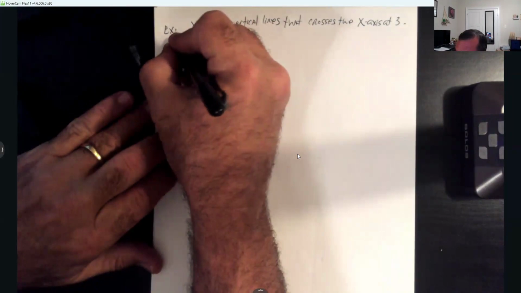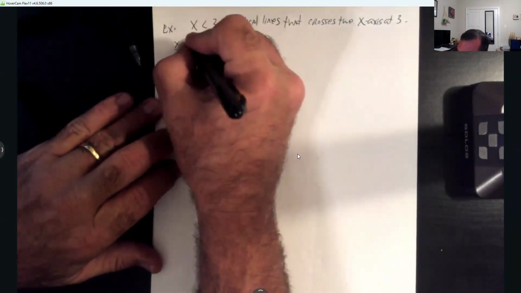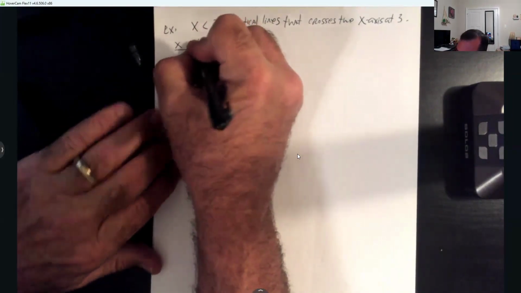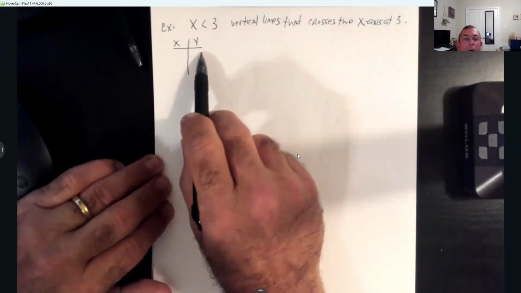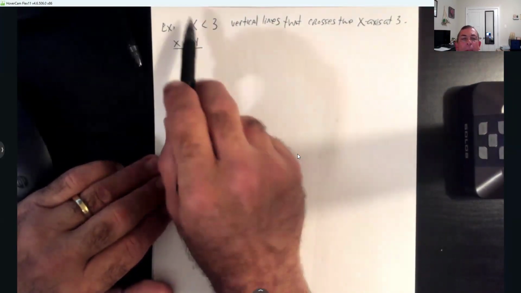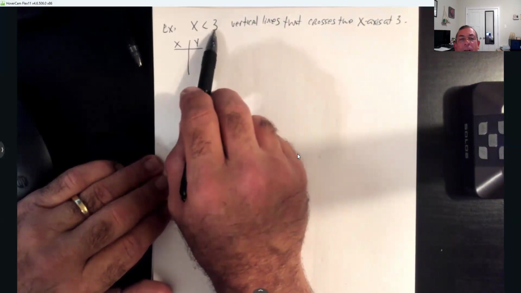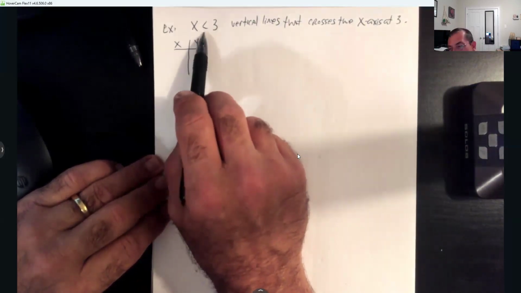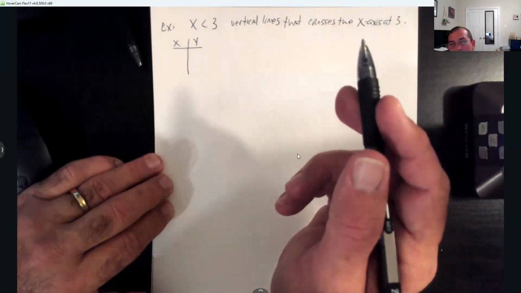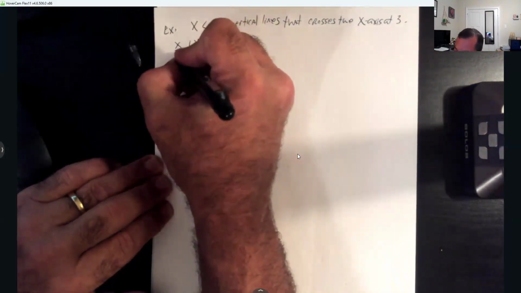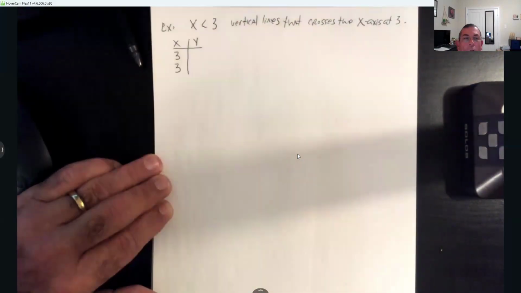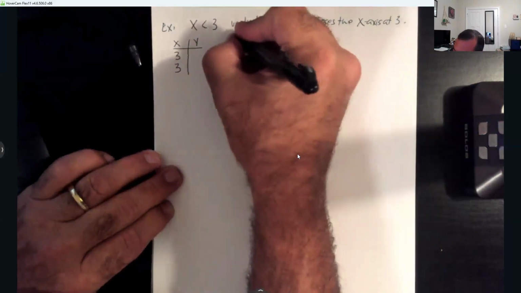Okay, so if you want to draw you a table of points, y'all, it don't matter what y values you pick, but since this is x less than 3 or x equals 3, if you're thinking about it that way, that means every x, no matter what, every x must be 3.